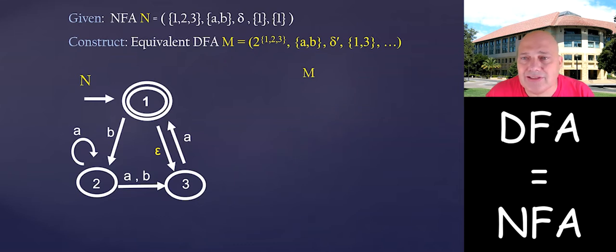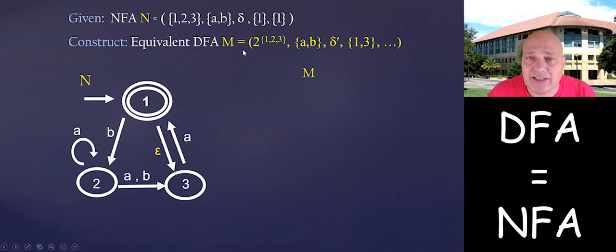So now that we're experts in epsilon closures, let's apply the subset construction to this NFA on the left, which is N. Now the equivalent DFA has all the subsets.